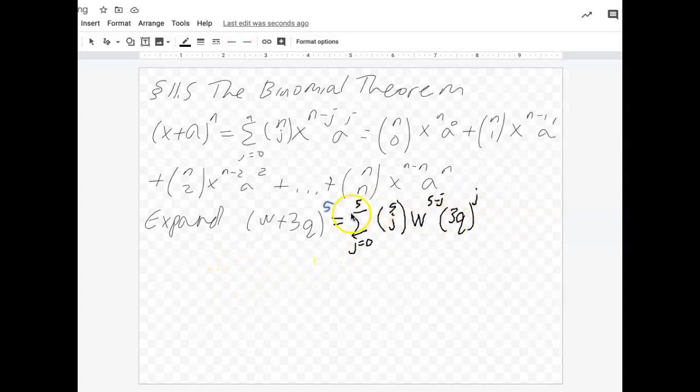And so let's go ahead and expand this. So we'll have 5 choose 0, w to the 5 minus 0, so to the fifth, times 3q to the 0, which will just be 1. But let's just write it all out.